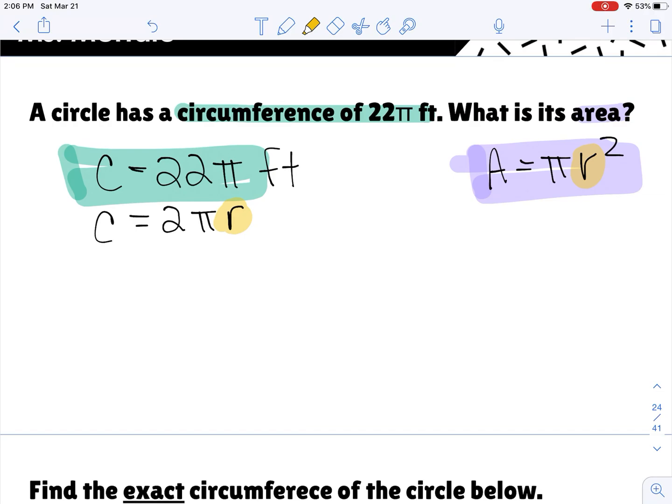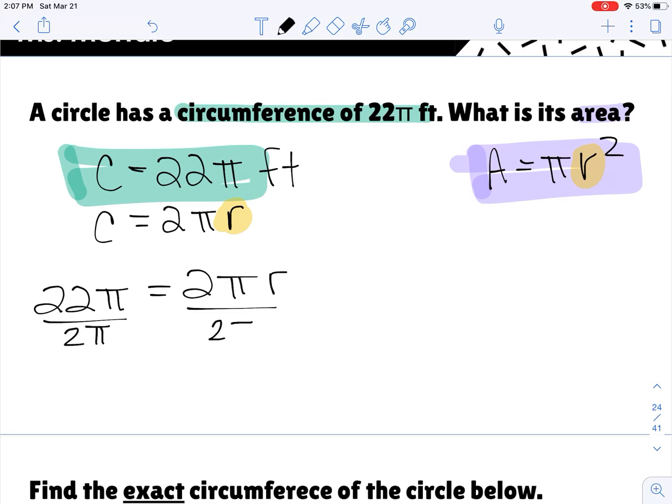We know that the circumference in this case equals 22 pi. But we also know circumference equals 2 pi r. So let's solve for the radius and work from there. You can either do this in one shot or you can do it in two. If we divide each side by 2 pi, we get that the radius is now by itself, which is our goal.